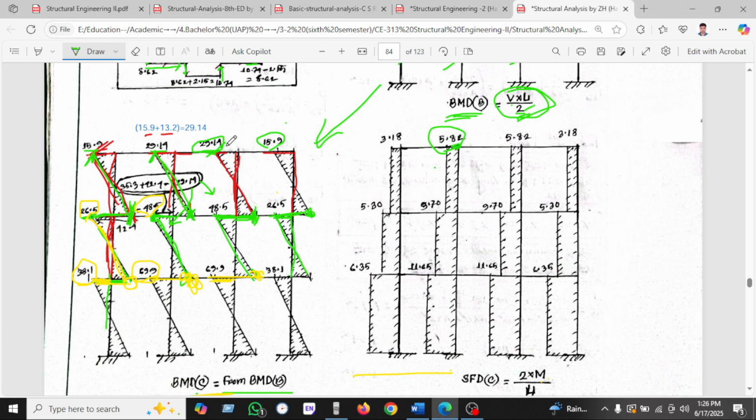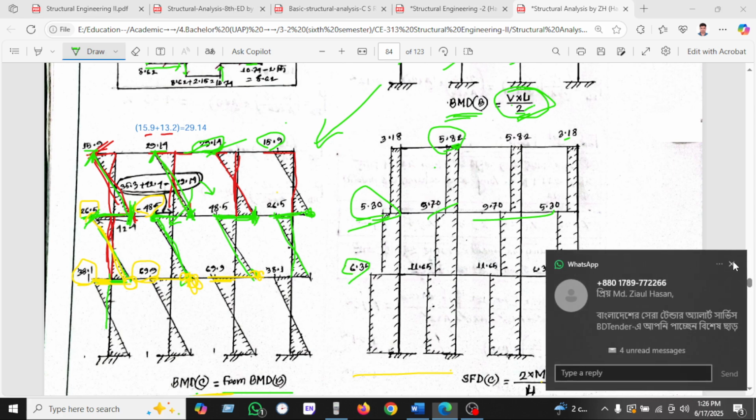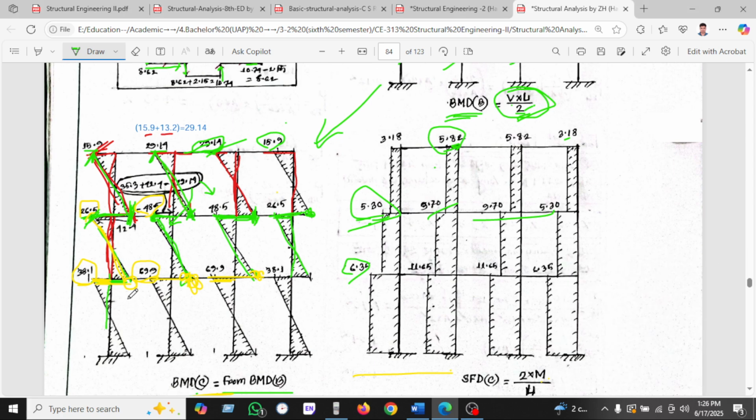In the same way we can calculate this value: 2 into 26.5 divided by 10 and found 5.31. And in this case, how will we get this value? 2 into 38.1 divided by 10 and found this value.